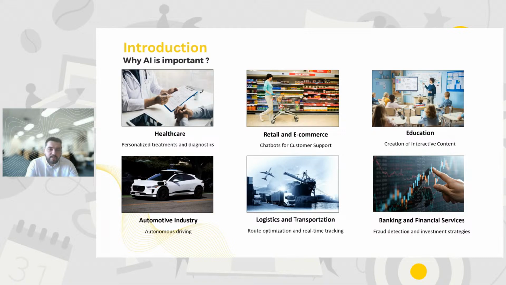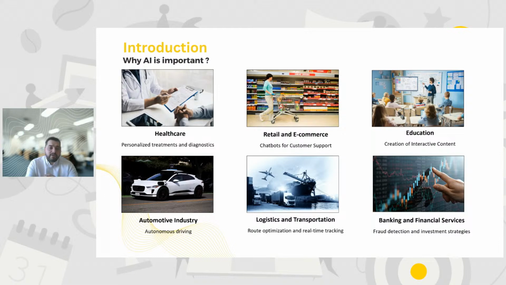When we go to some shop, we have a chatbot that can help us see the prices and the product that we are looking for, applying some filters to the products that we have in the portfolio and things like this. In education, we can create interactive content. We can learn. We can generate educational content, and it's also helpful in this industry.